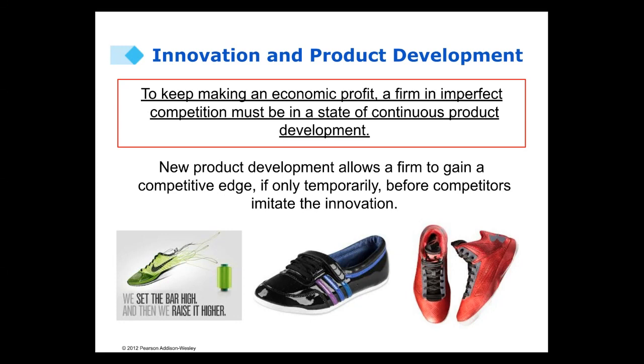If a firm is able to develop a new product, they can make an economic profit in the short run, and it may only be a temporary situation before competitors imitate their innovation, but while they're able to have a differentiated or new product, they can make an economic profit. So this explains why firms in imperfect competition spend so much on product development and innovation. It enables them to have new products, which enables them to make economic profits in the short run.